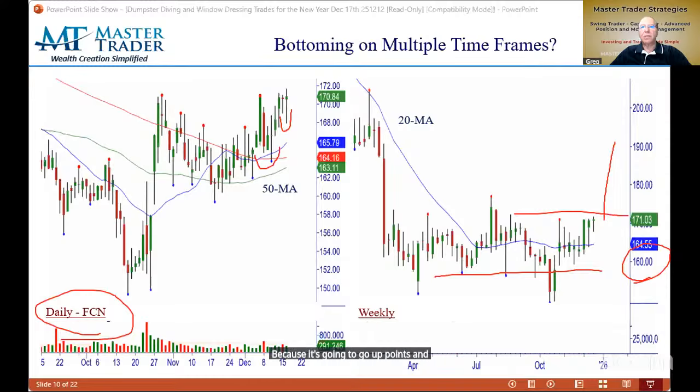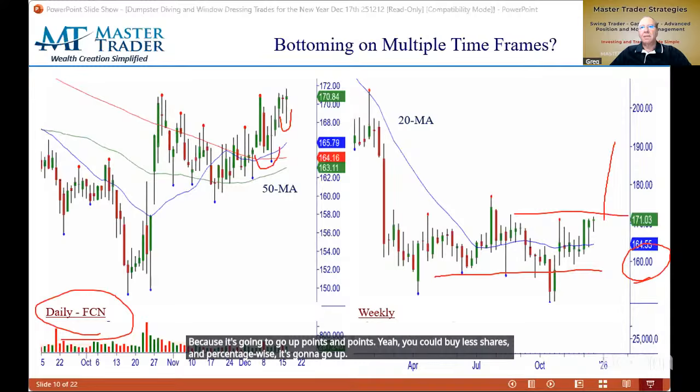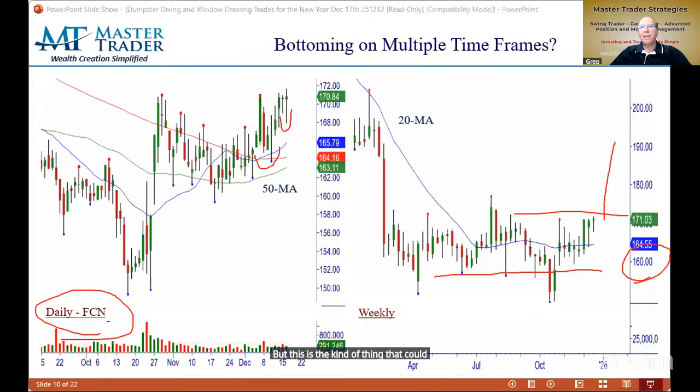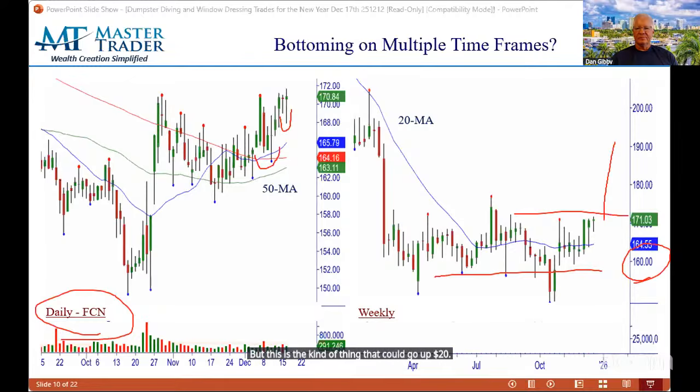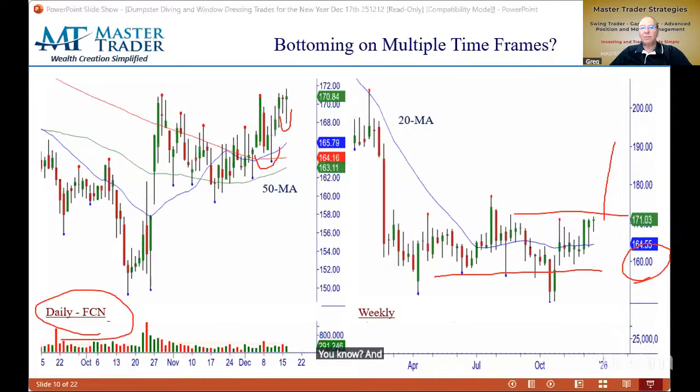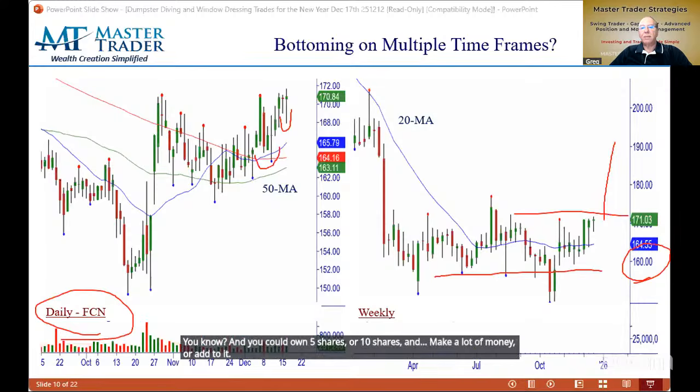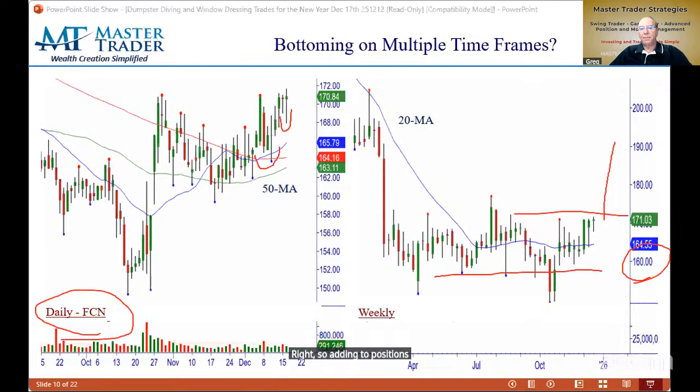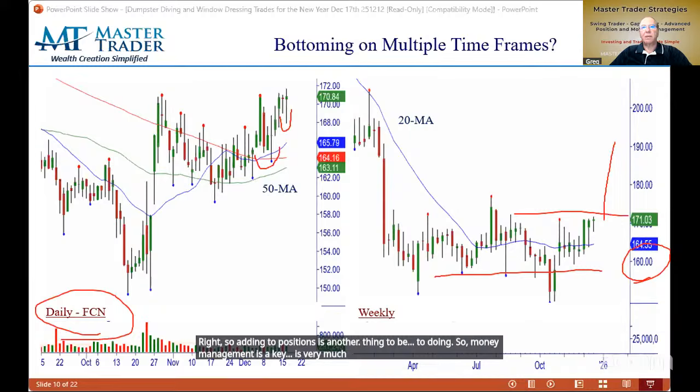This is the kind of thing that could go up $20, and you could own 5 shares or 10 shares and make a lot of money or add to it. So adding to positions is another thing to do. Money management is very much a key factor, but this is one of the pictures we'd be looking for.